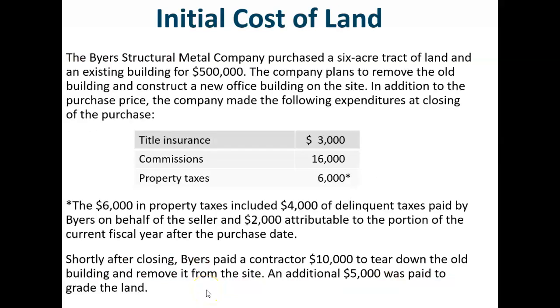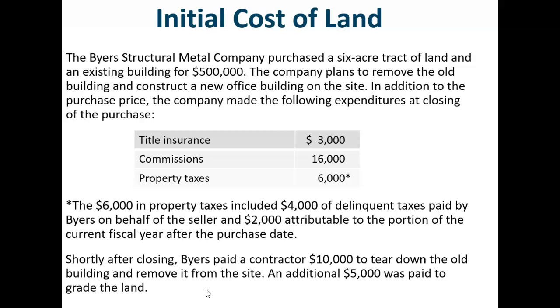Illustration 10-5 in your textbook is a good example of the determination of the initial cost of land. In this illustration, Byers Structural Metal Company purchased a 6-acre tract of land and an existing building for $500,000. The company plans to demolish the old building and construct a new office building on site.